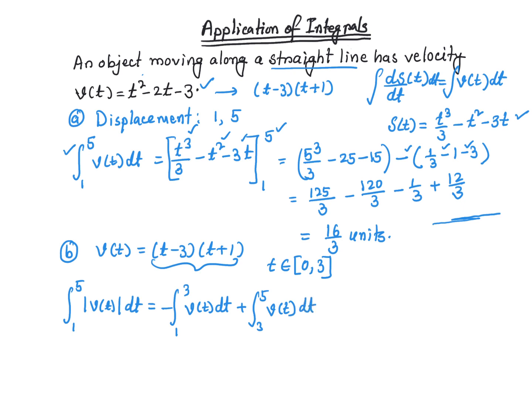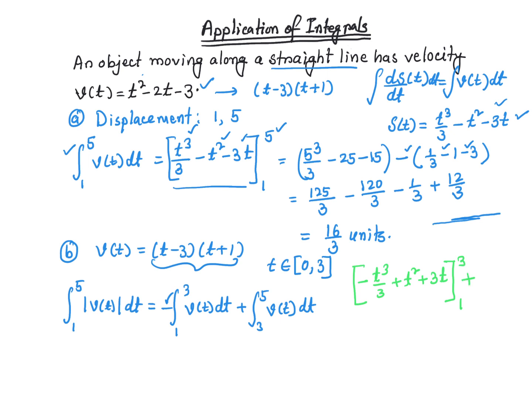Now we need to evaluate these. We already know the integral of v of t dt. Right here we have it. For the first one, we just need to introduce the negative sign in front of it. That gives negative t cubed over 3 plus t squared plus 3t, all evaluated from 1 to 3.